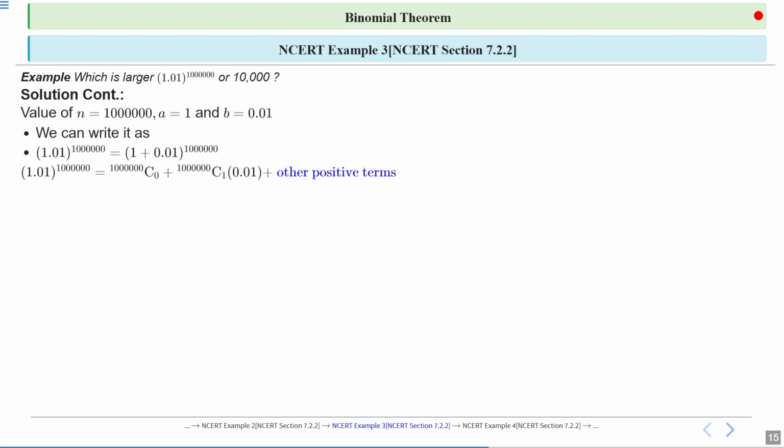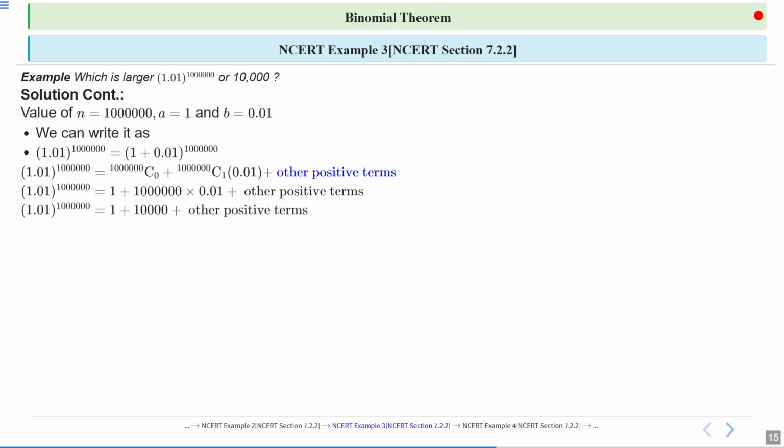Okay, and this is equal to 160C0 plus 160C1 into 0.01 plus other positive terms. Okay, and this implies 1.01 to the power 160 equal to 1 plus 160 into 0.01 plus other positive terms.